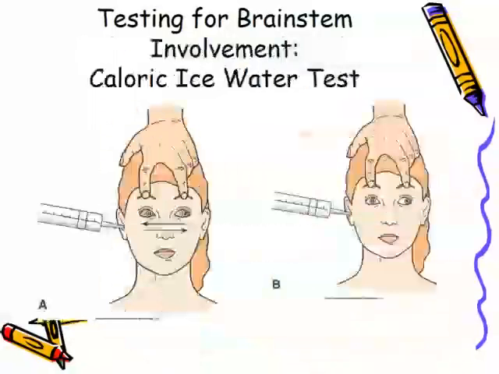Another type of test that checks for neurological impairment is the caloric ice water test. Sometimes you'll hear it referred to as the cold water test. The head of the patient's bed is elevated about 30 degrees, and the patient's eyelids are held open while the ear canals are irrigated with ice water. This actually stimulates the semicircular canals, and a normal response would be that the patient would have conjugate eye movements towards the side of the head that's being irrigated, followed by rapid nystagmus to the opposite side.